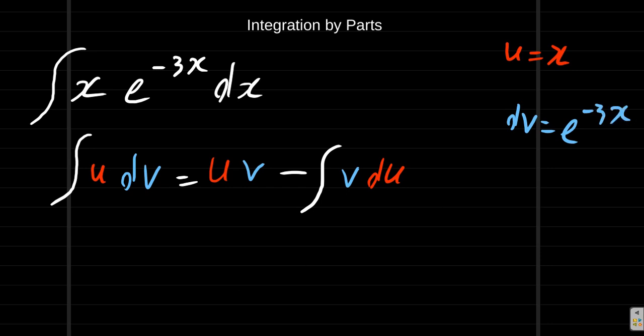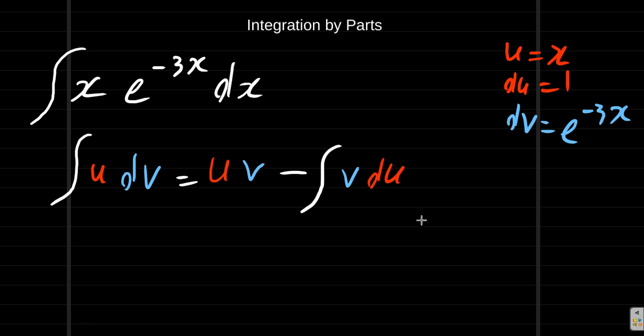Now, in this case, du equals 1. You see the reason why I make u equal to x? To move from u to du, you have to differentiate, and when you differentiate x, you get 1. You want to choose u so that when you differentiate u, you get a number, or it becomes simpler, right?